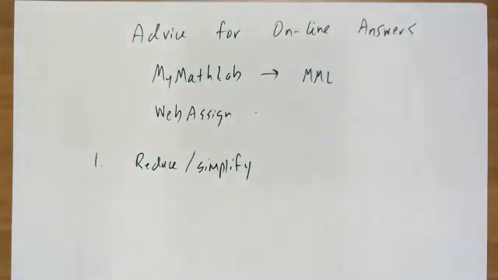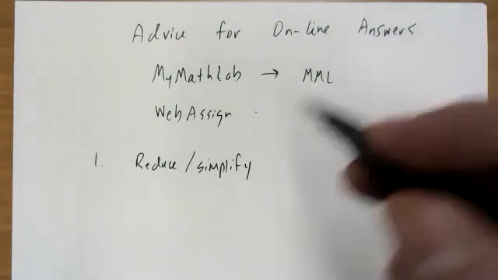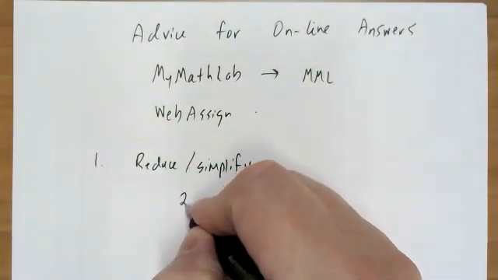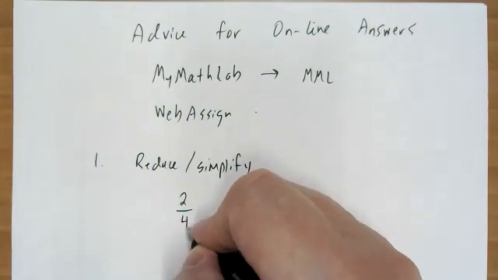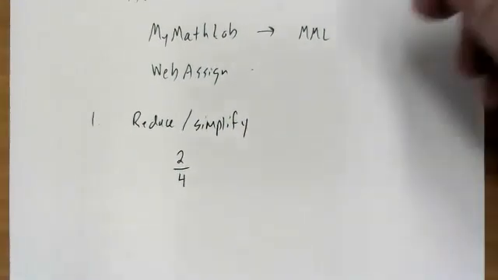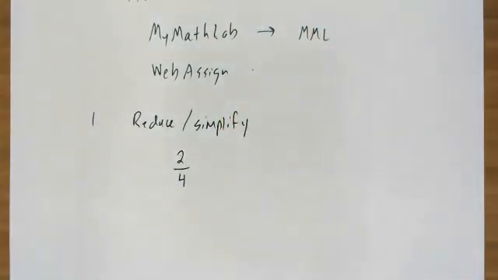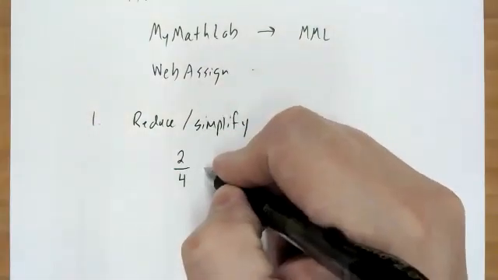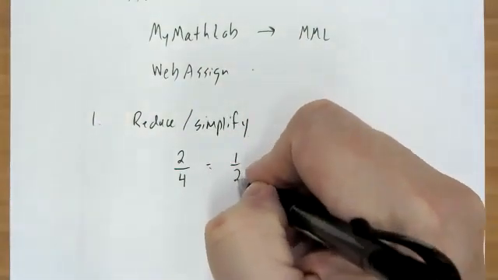So reduce is probably what you've learned first, because that goes back to when you first learned about fractions. So if you were doing a problem and by the time you got finished, that was your answer, you were taught that you don't leave this as your answer, because whenever you have a fraction that can be reduced, you should always reduce it.